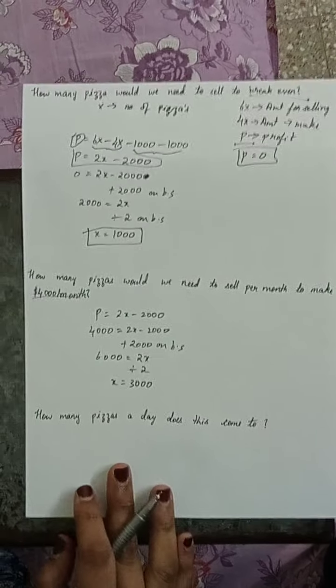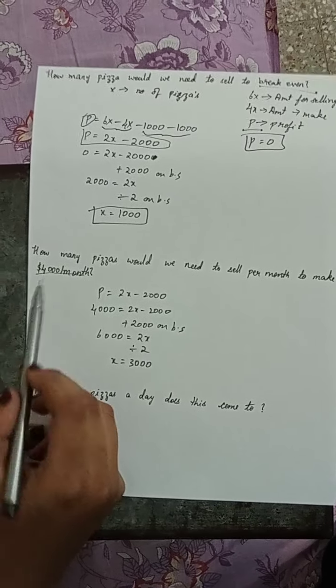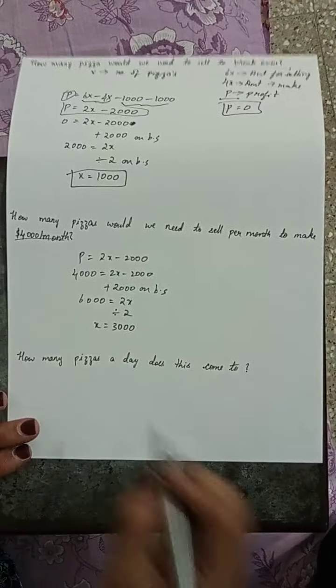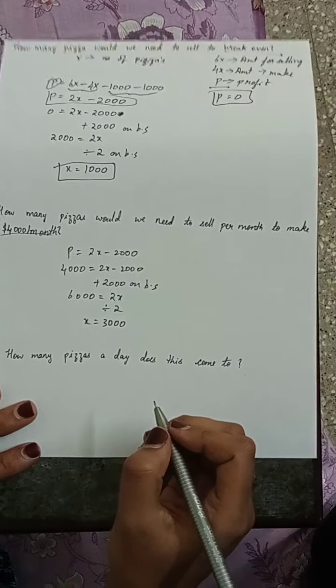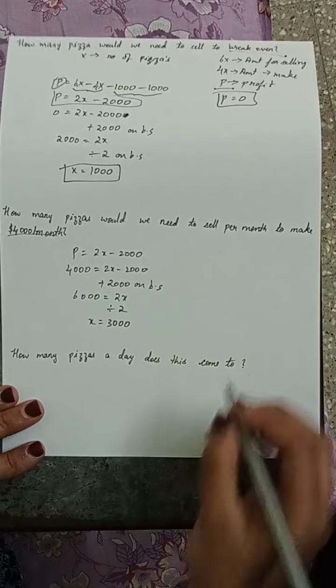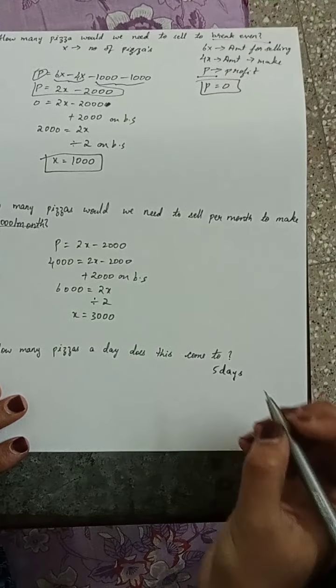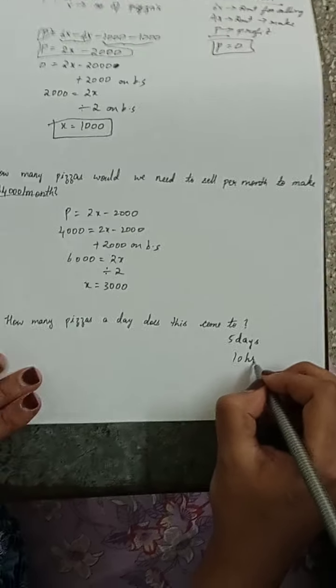Now let me see how many pizzas I have to make per day so that I get a profit of 4000 per month. Now let me just consider that I'll be working for 5 days, me as well as the employee, and will be working for 10 hours.